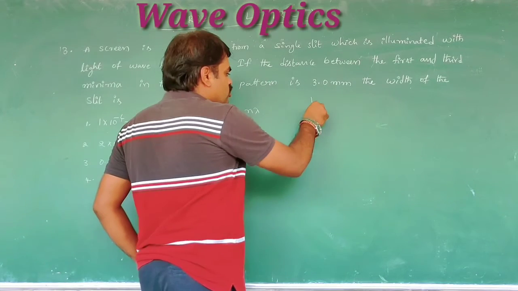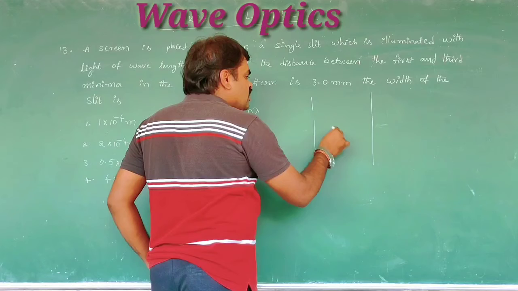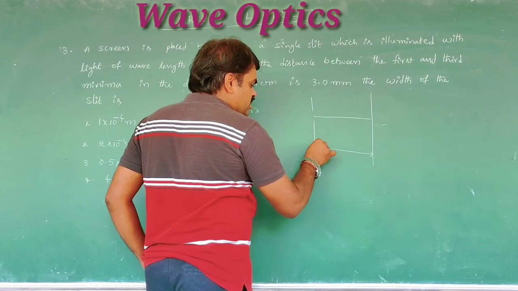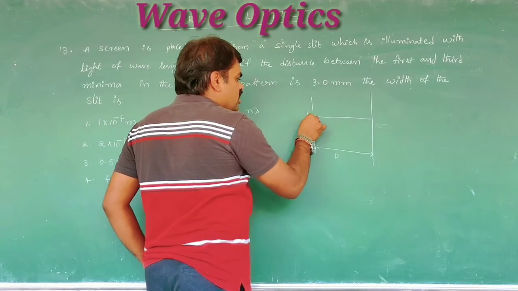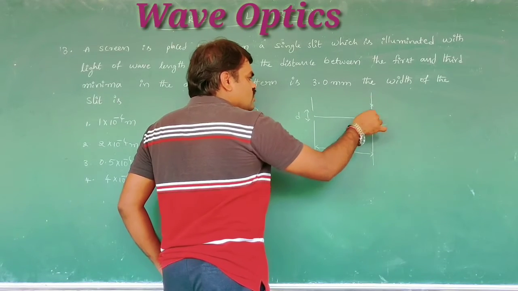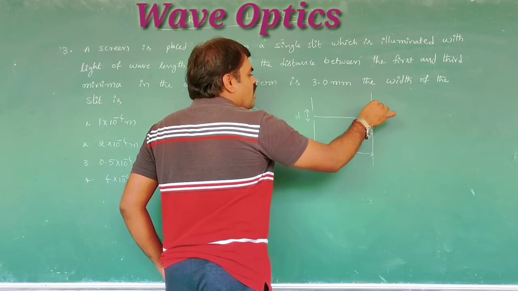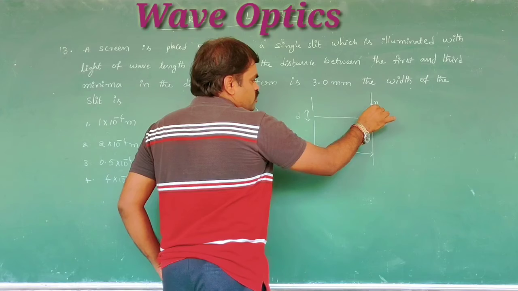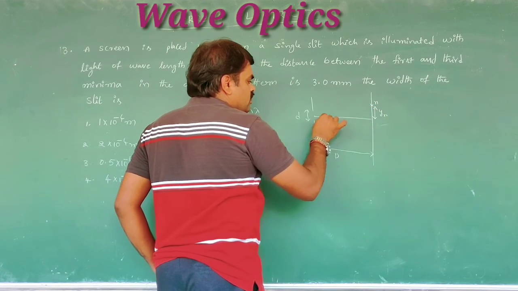For single slit diffraction, D is the distance between slit and screen, and d is the slit width. Here, for the first minima, or the nth minima, the distance we consider is yn.